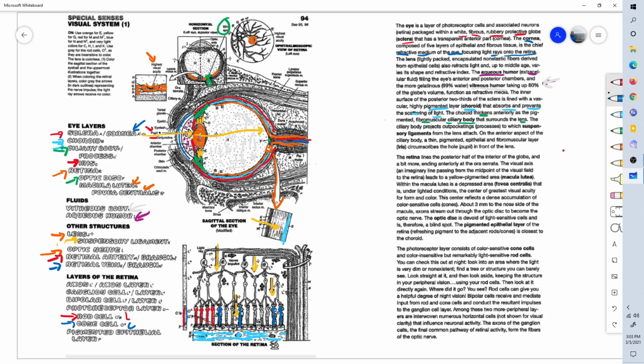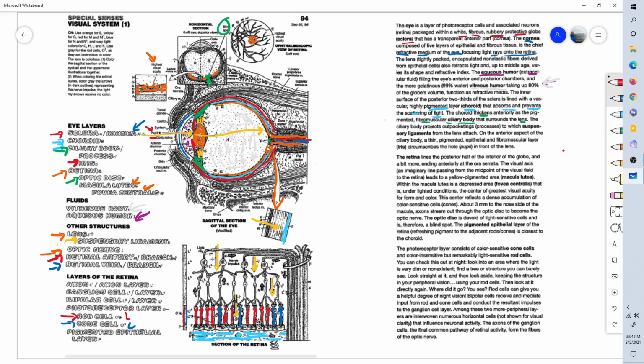So rods and cones. Rod cells for light, cone cells for color. And the light is sort of absorbed and perceived by these cells.